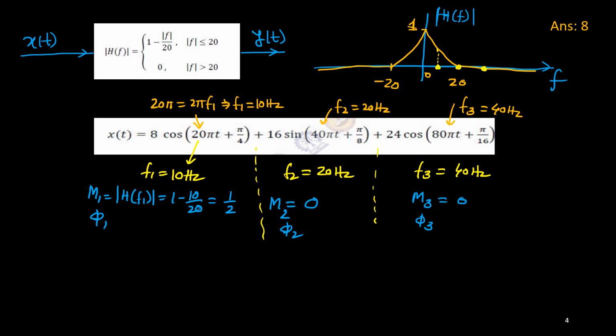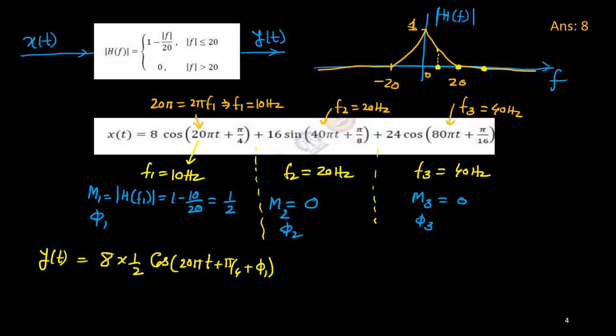Thus, we won't calculate phi. So what is the resulting signal y(t)? Therefore, y(t) would be, so 8 was the amplitude. Now M1 is multiplied, that is your half. And the cos signal will remain cos(20 pi t + pi by 4 + phi 1).